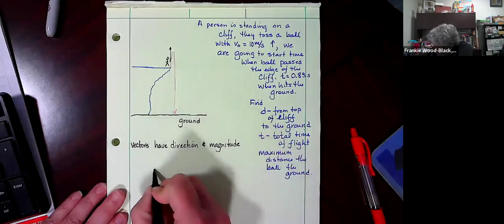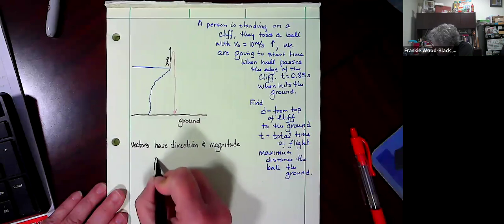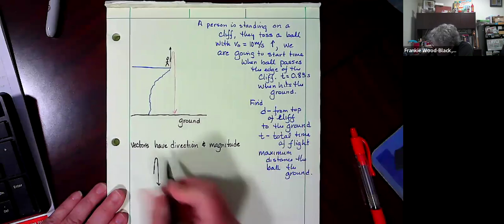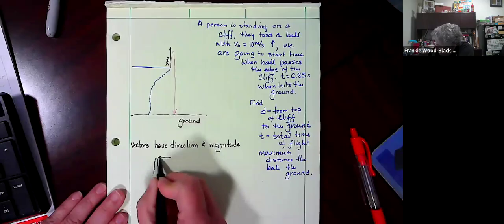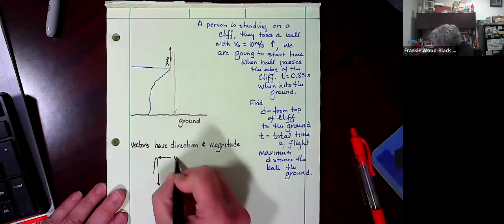So in this case, when my ball goes up and it comes back down, we know the velocity at the top.